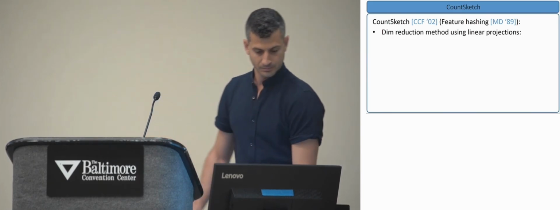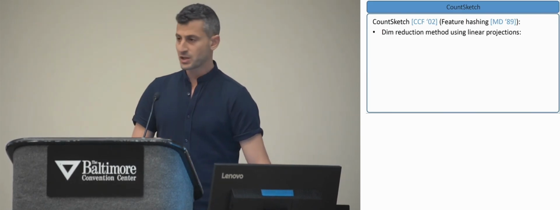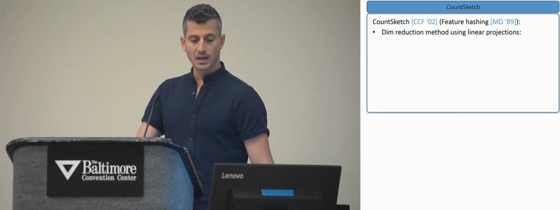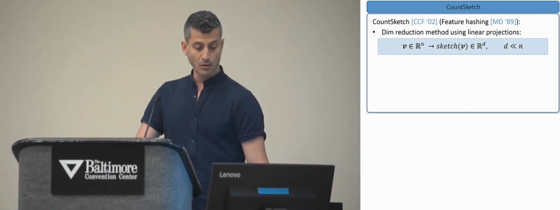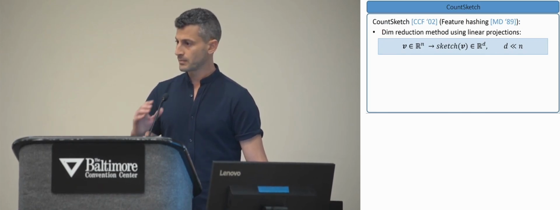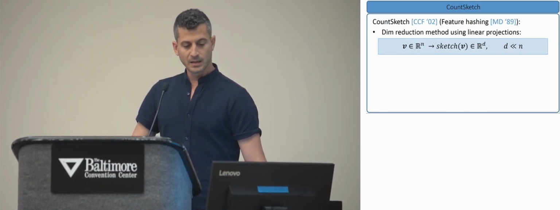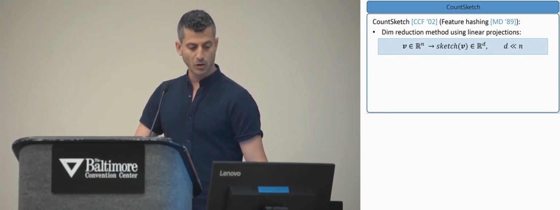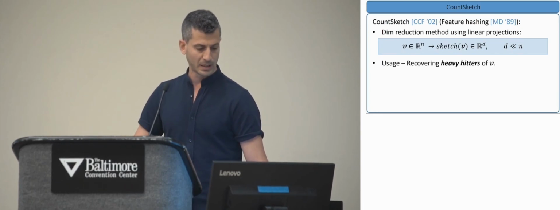Okay. So what is CountSketch? CountSketch is a dimensionality reduction method that uses linear projections. It takes a vector from R^n and reduces it to a lower dimension R^d, and we call this reduction the sketch of V, where d is much smaller than n.